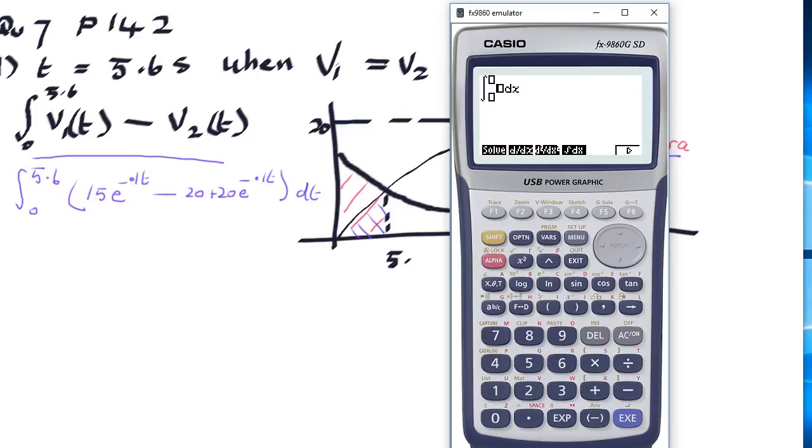So my top function is 15e to the minus 0.1x, and I'm going to take 20, take minus 20, is plus 20e to the minus 0.1x.